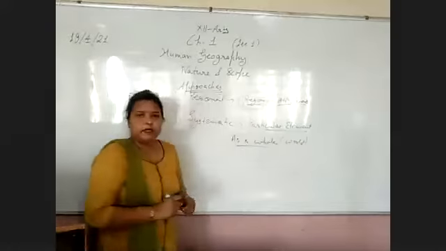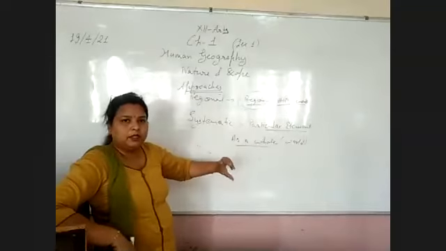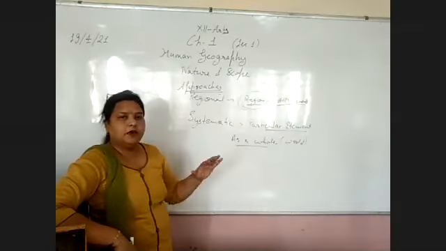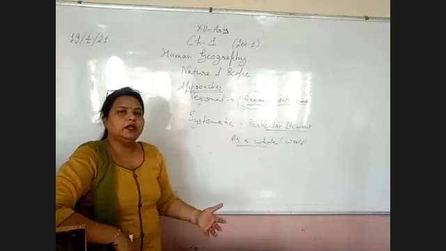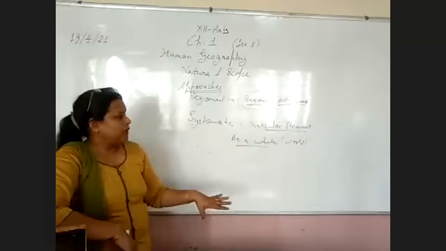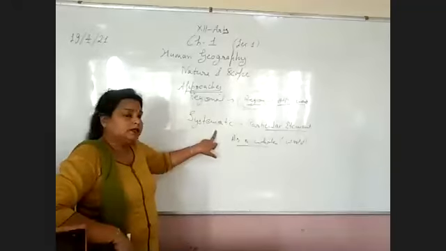When we study an element throughout the world, like climate, which type of climate is found throughout the world, the different climatic regions, and the reasons behind the distribution of climatic regions, then we are going through the systematic approach.